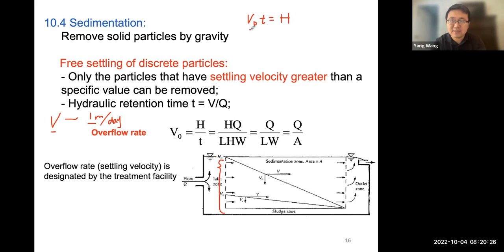Further, let's separate the V naught here. V naught is H divided by T. The T here is the residence time, or retention time. The residence time is not velocity, but the volume of the tank divided by the flow rate Q going through the tank.